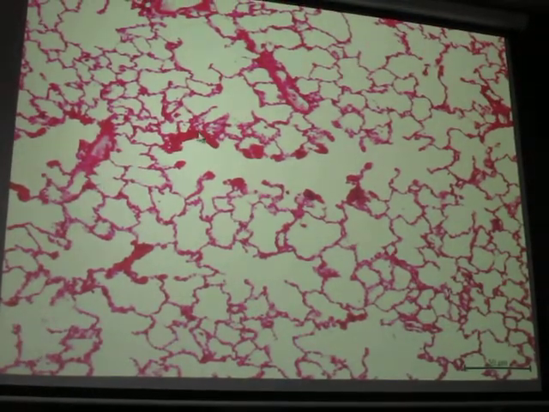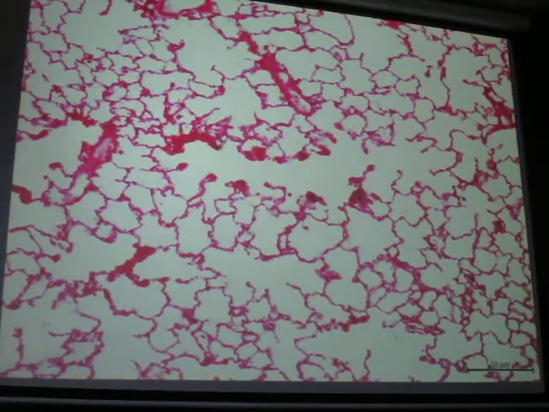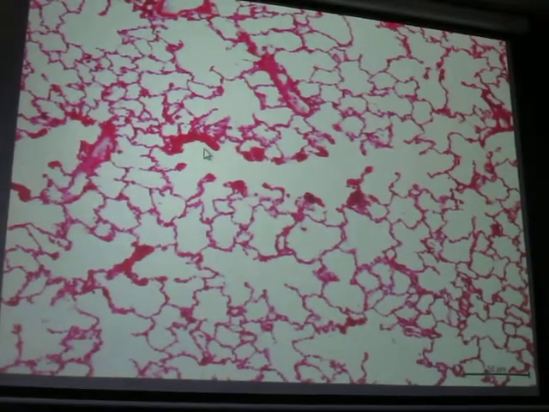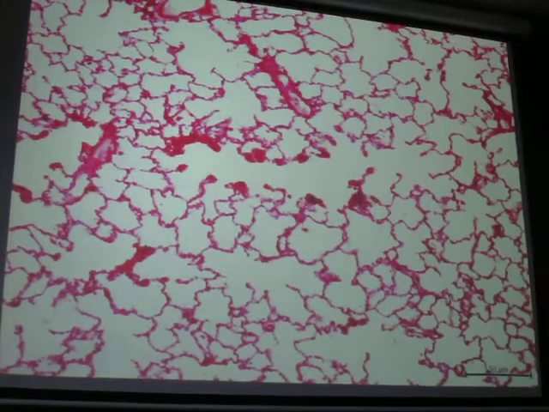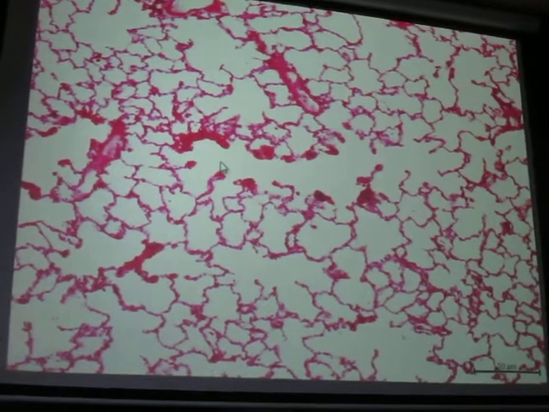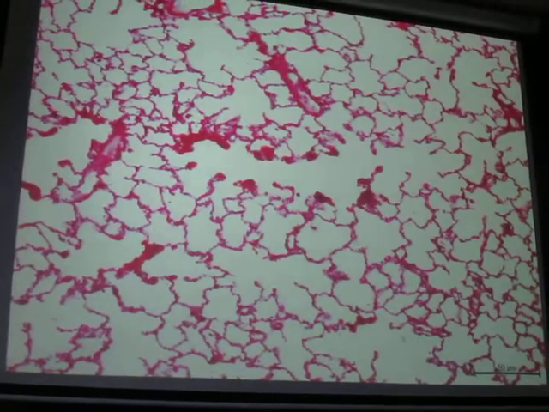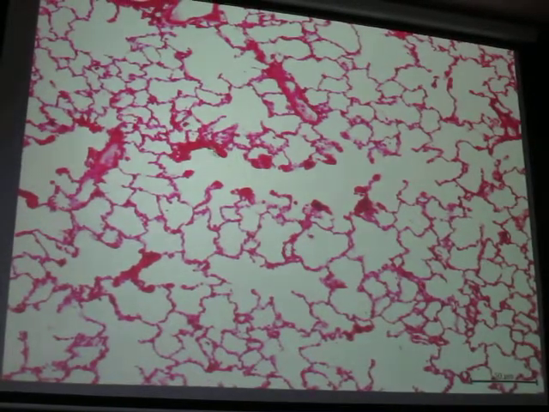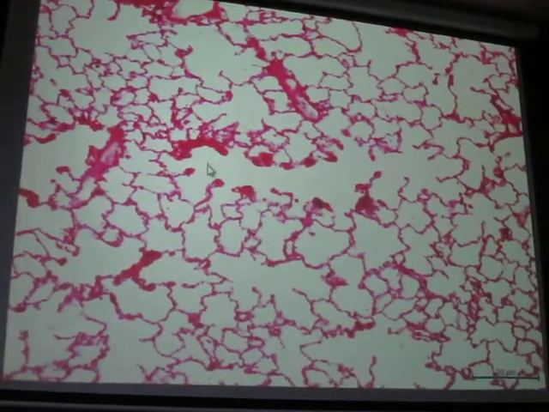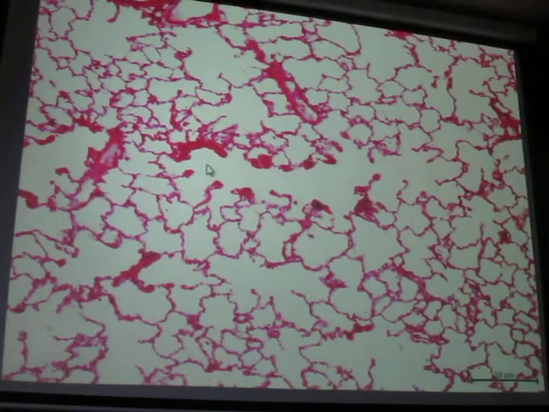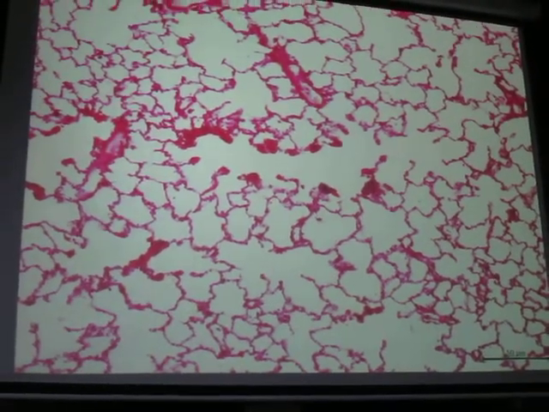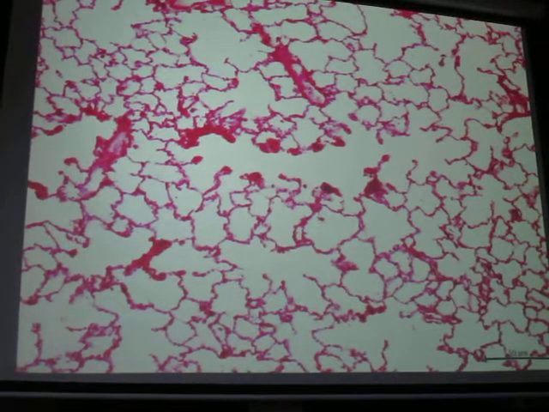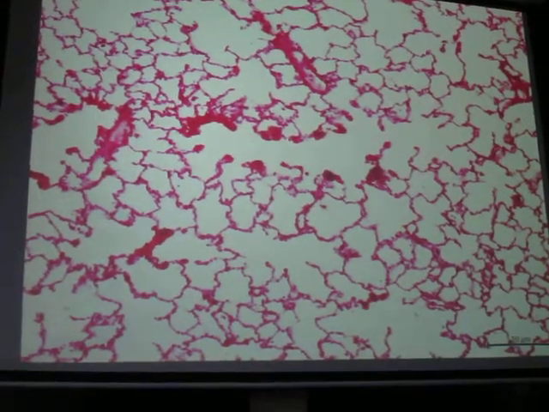Okay, identify pointed structure. Respiratory bronchiole. This part. Identify the part that is raised. Respiratory bronchiole. Here.